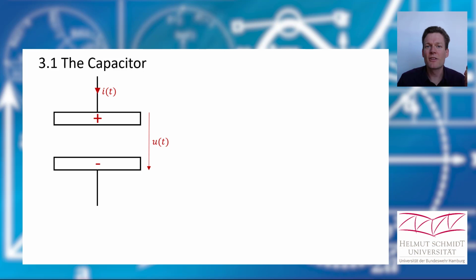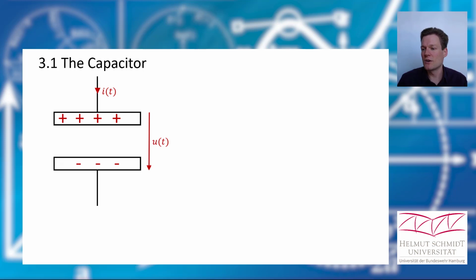And now the current remains flowing and there will be another charge on the capacitor, and that will lead to a bigger voltage drop here. I indicated this by a thicker line for the voltage arrow. Okay, and still the current is flowing, and therefore there will be another charge and there will be a bigger voltage drop.